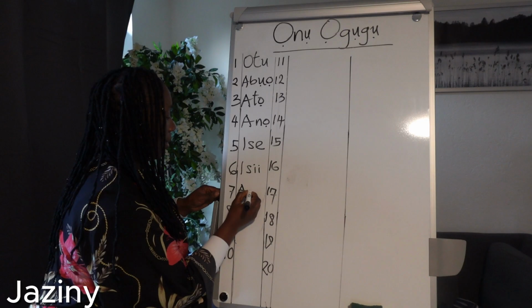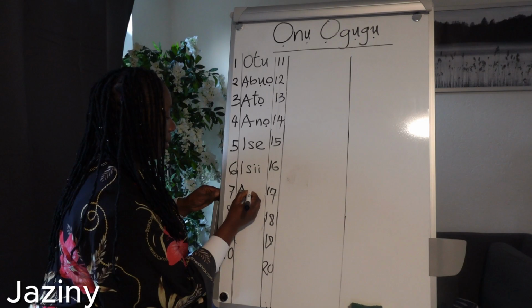This is where a little bit of work comes in. In 11, it is 10 and 1. So we say iri na otu. I'm going to juggle your mind a bit here. We have 11 as iri na otu.